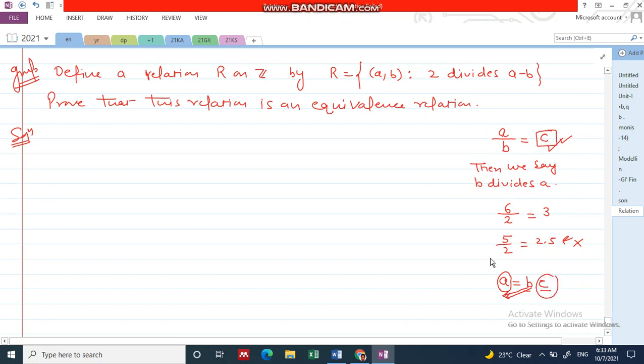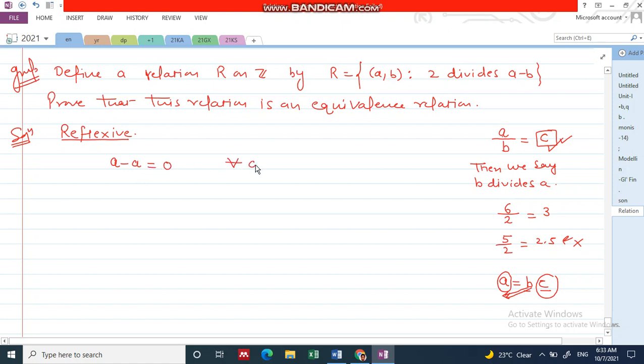On the basis of this, we now prove that this is an equivalence relation. First of all, we prove that it is reflexive. If you subtract any element from itself, what do you get?